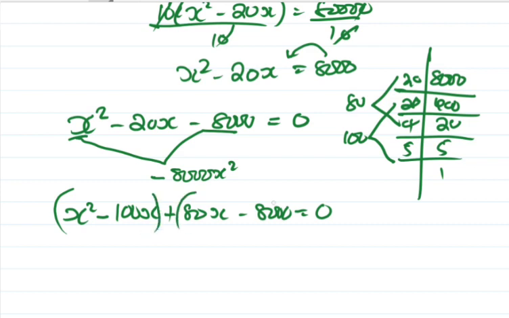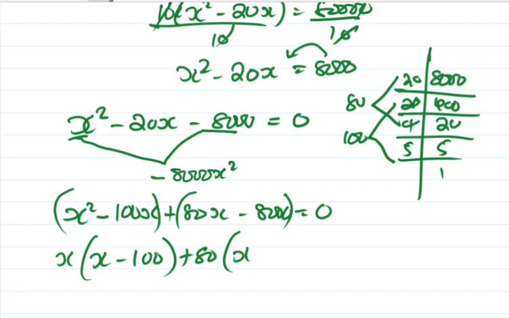Common factor in each bracket. In this bracket we're going to take x. x into x squared we have x, minus x into 100x we have 100. Then plus, we have 8 here as a common factor. 8 into 8x we have x, negative and positive, we have negative. 8 into 8,000 we have 1,000. Then is equal to 0.